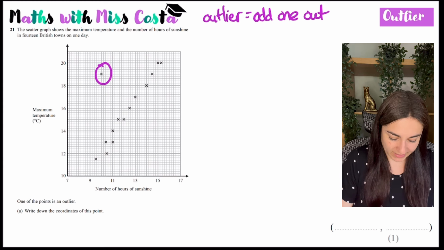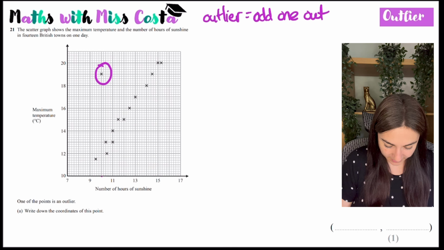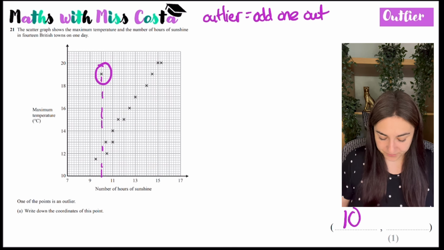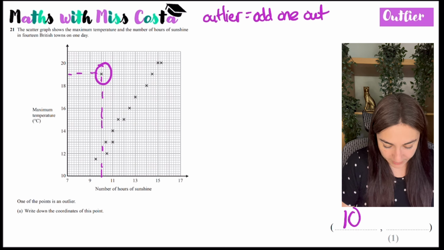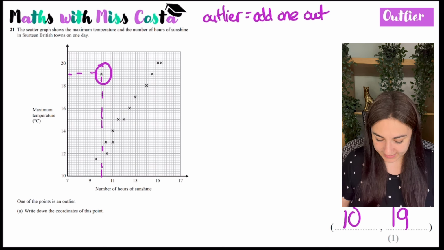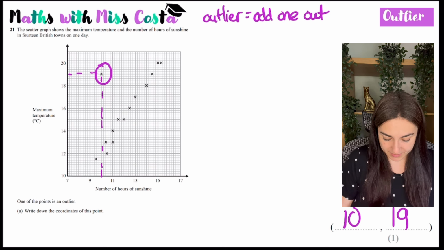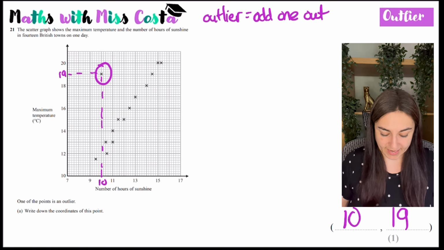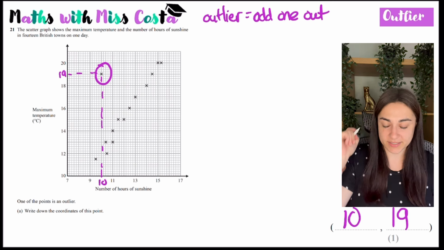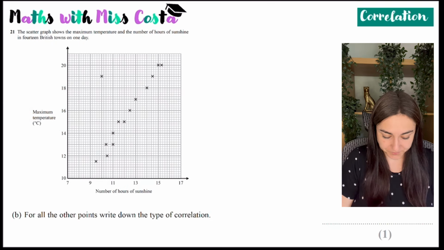So that would be this coordinate here, and I'm being asked to write down the coordinates. So that coordinate, if I look over here, would be 10, and this coordinate would be 19. I know it would be 10 because it's halfway between 9 and 11, and this is halfway between 18 and 20. So I use the scale to determine where the coordinate is.